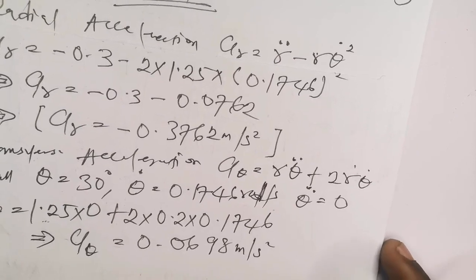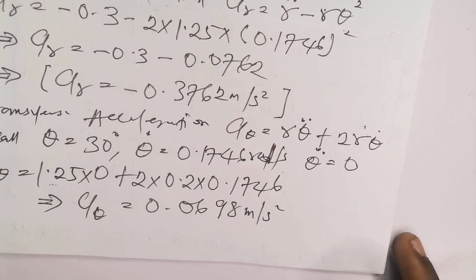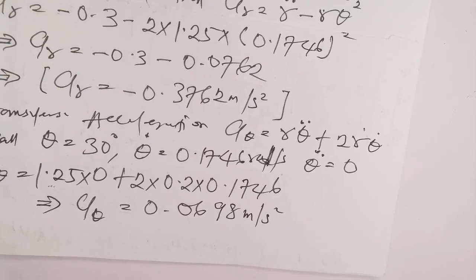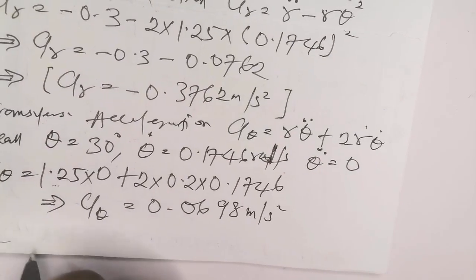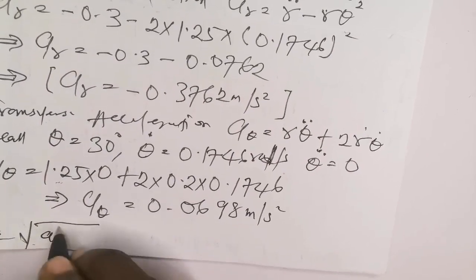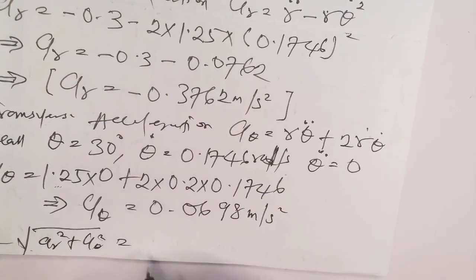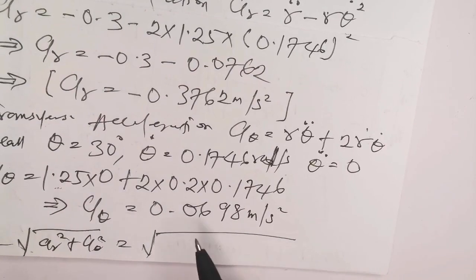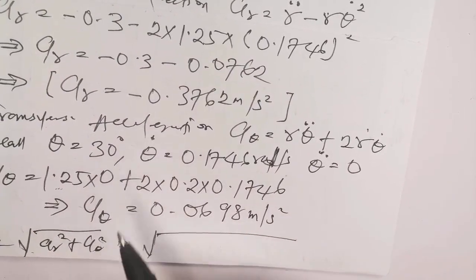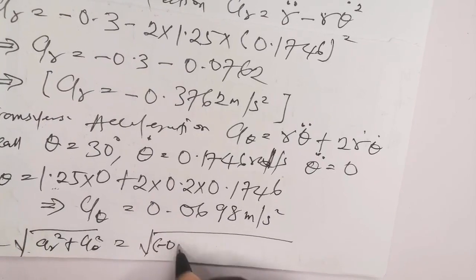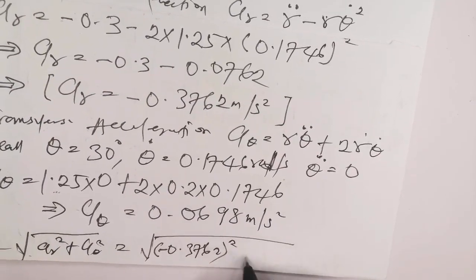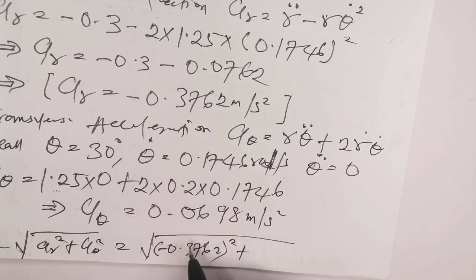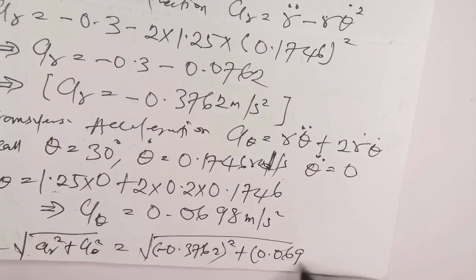Having found both the radial and transverse components of acceleration, we can now compute the magnitude of the acceleration. Therefore, acceleration a is equal to the square root of a_r squared plus a_theta squared. This is equal to the square root of the radial component of acceleration, a_r, which gave us minus 0.3762, so you have minus 0.3762 all squared, plus a_theta, which gave us 0.0698, all squared.